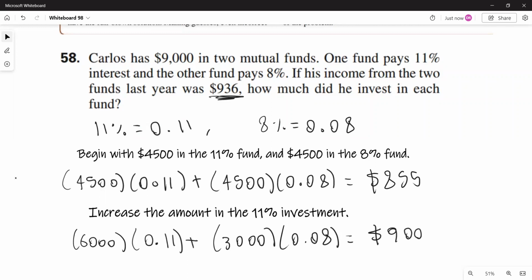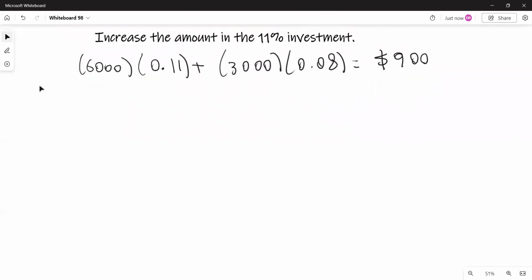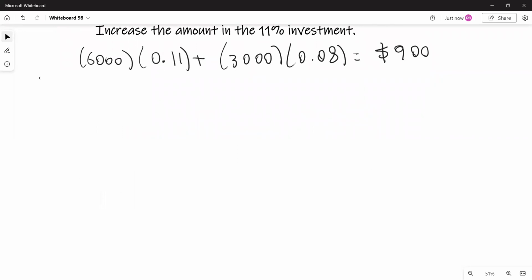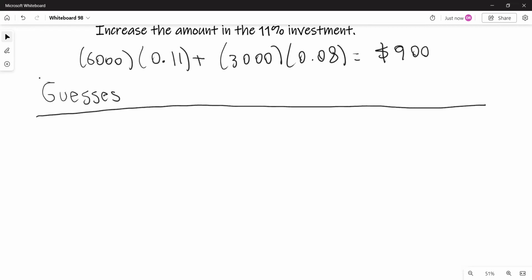We're still falling short. But let's organize this in a table with what we have already. We have the guesses. We have the interest amount.